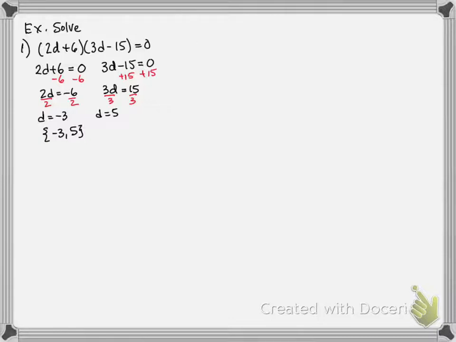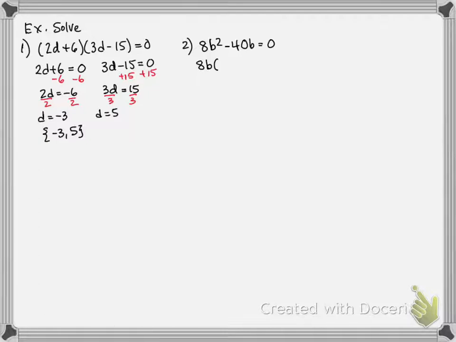So you may have something that looks like this, where they give you a polynomial. In this case, we have a binomial, and what we're going to do is try to factor. I notice that they both have an 8 and a b in common.